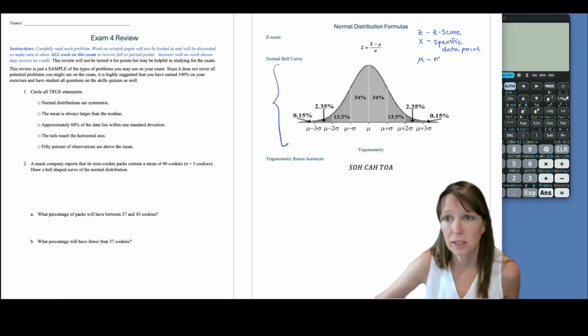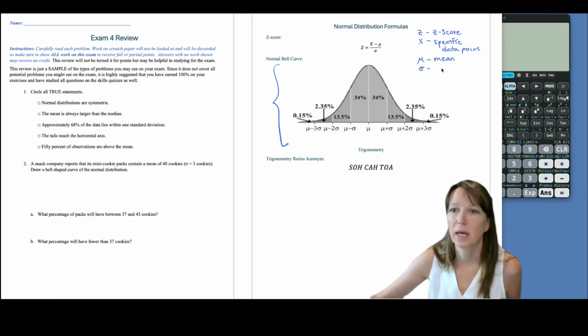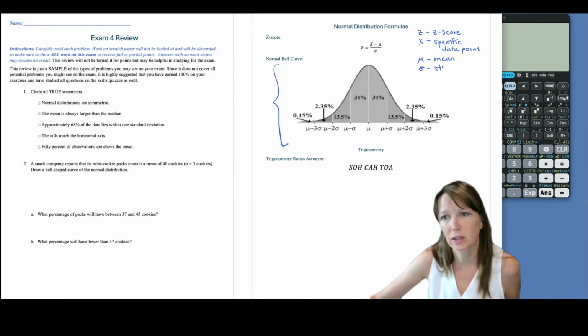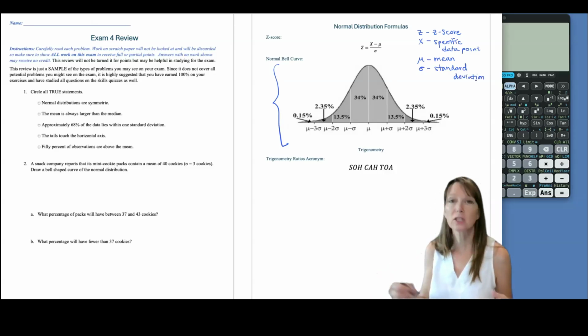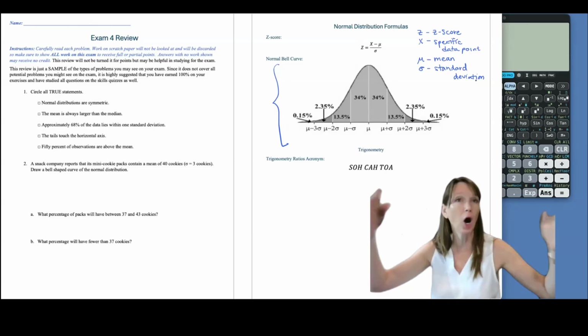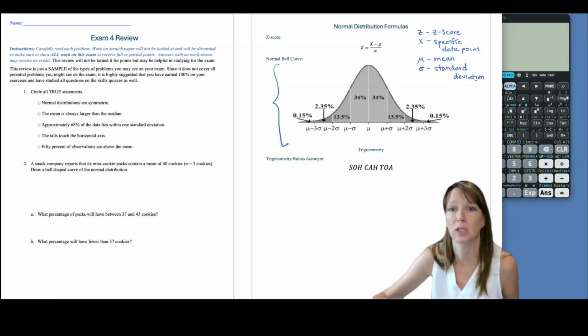Mu is your mean. And this little symbol sigma is your standard deviation. And we learned in the last section with statistics that these are the symbols that we use for a population. So we've got all of the data information in order to create this normal curve or normal distribution.